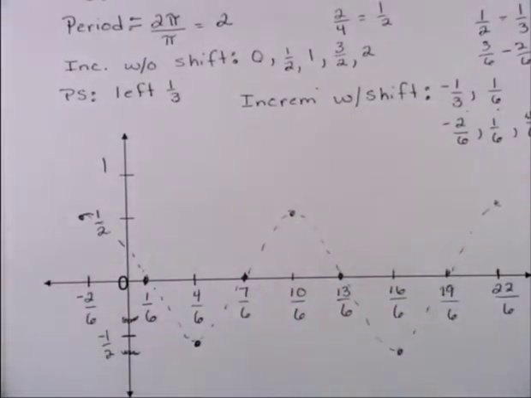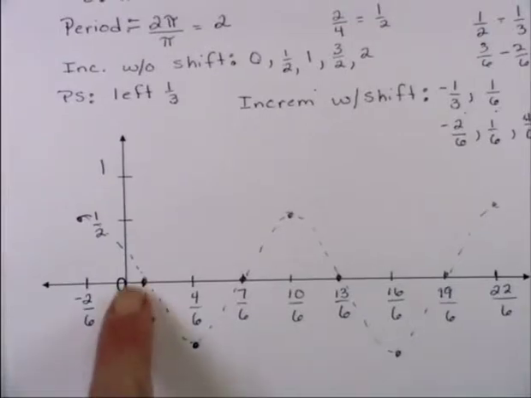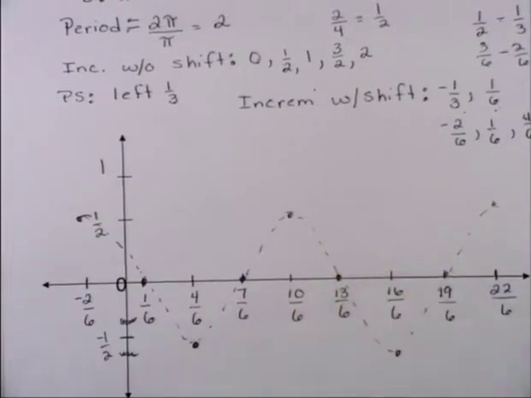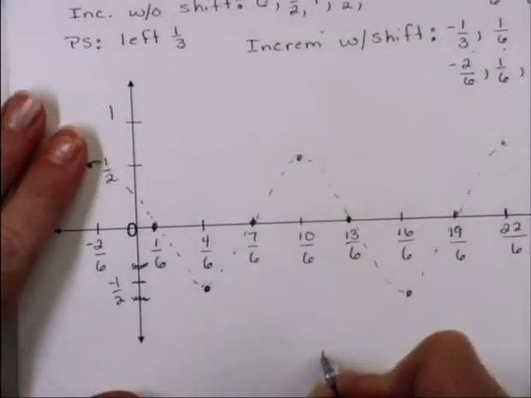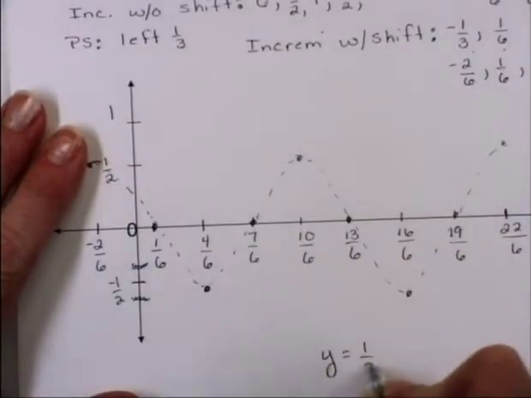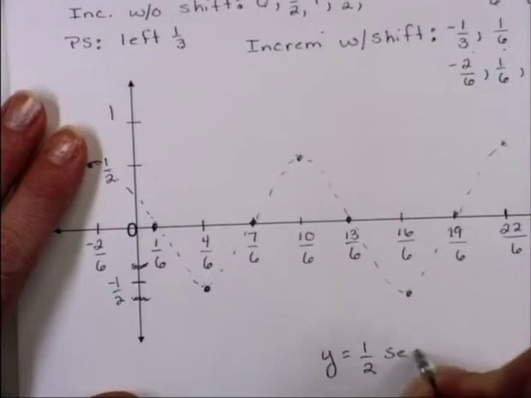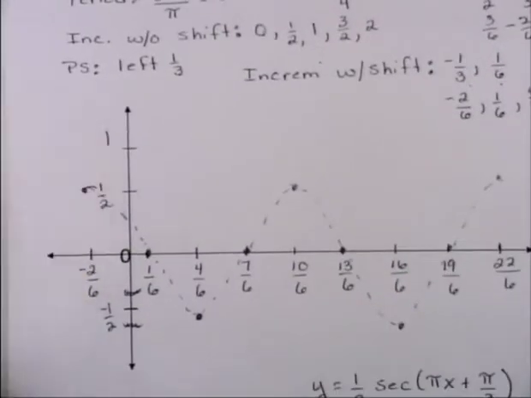Then once I get my cosine graph, my asymptotes are going to fall everywhere there's an x-intercept. So let me write that equation down here again: y equals 1/2 secant of pi x plus pi over 3. We're going to graph that.